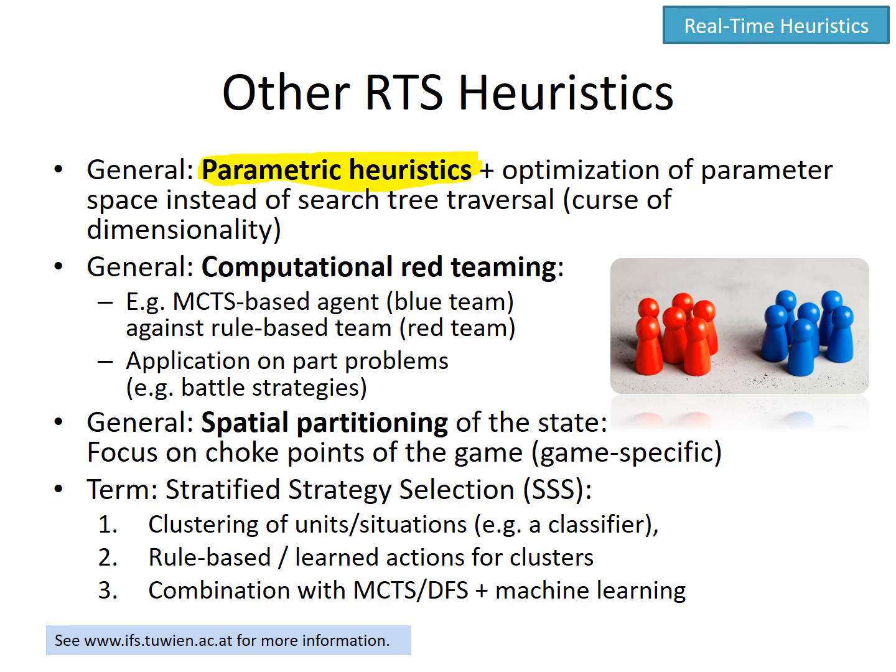That means that you define your actions or action groups, your abstraction that you have, by some set of parameters, and shift the problem from search space traversal, so going through the search tree and identifying by exploration and exploitation what might be the best next move, to a problem of optimization of the parameter space.